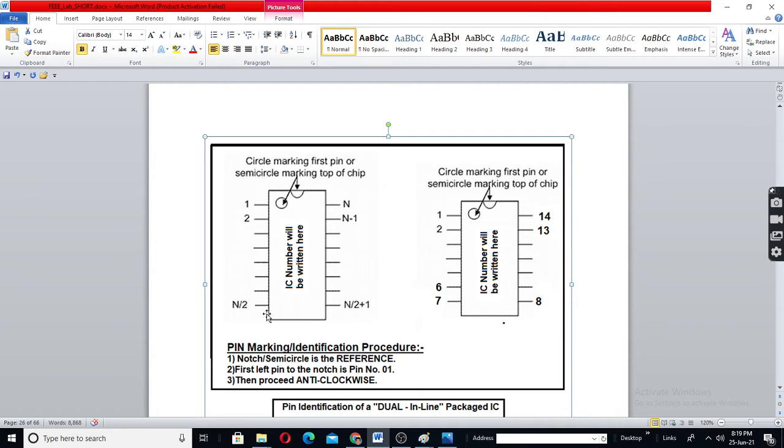But actually N means it can be anything, any even number. Here 16 pins are shown. Out of N pins, N by 2 will be on the left side and N by 2 on the other side. The numbers 1 to N by 2 will be on the left side, and from N by 2 to N on the right side.